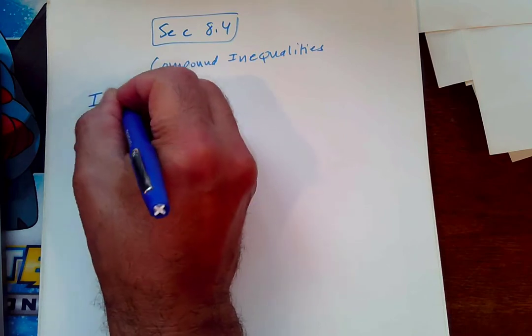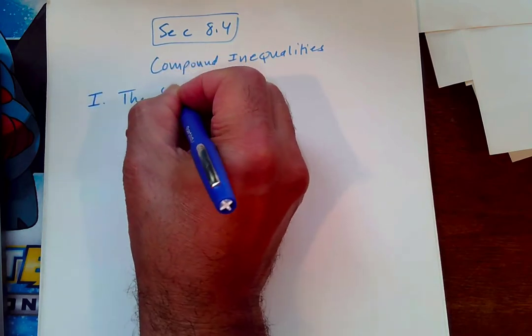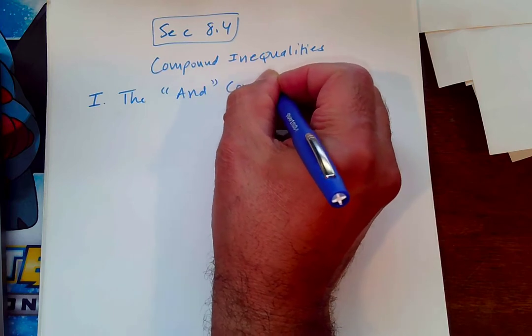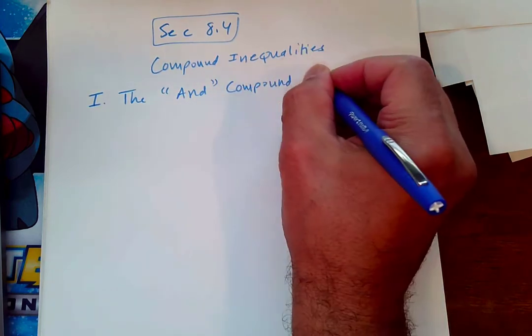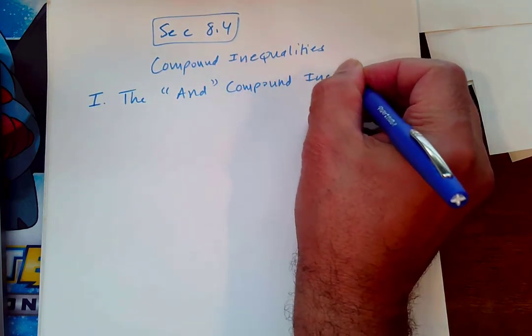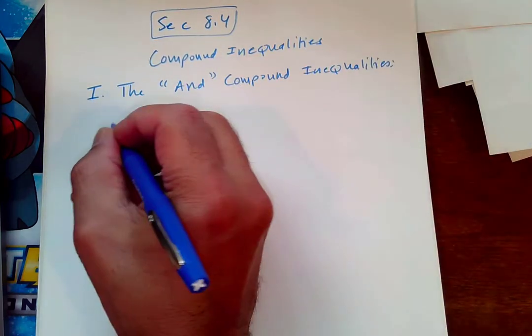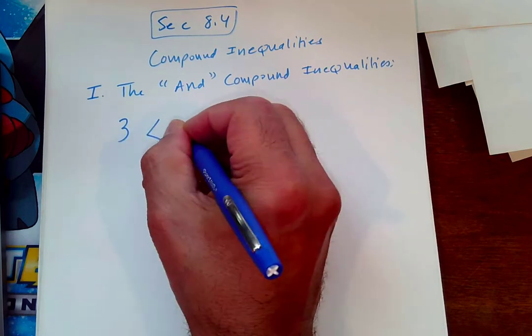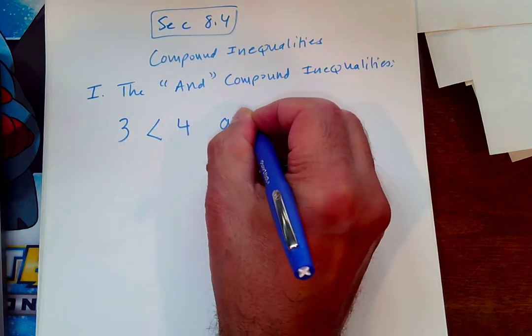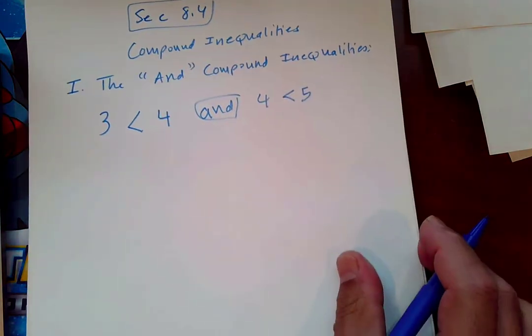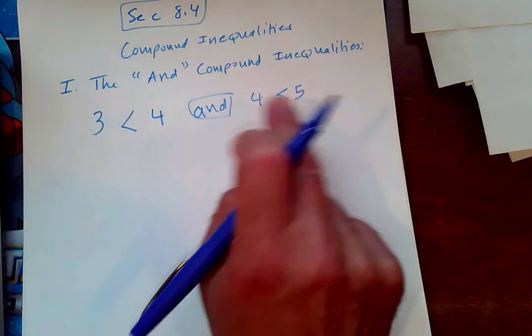The first one is the AND compound inequality. So for example, if you say 3 is less than 4 and 4 is less than 5, this is what we call an AND compound inequality.